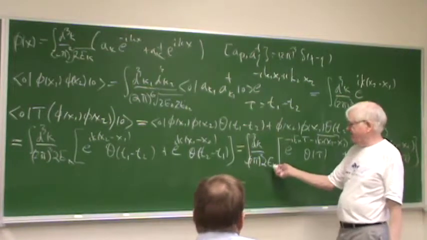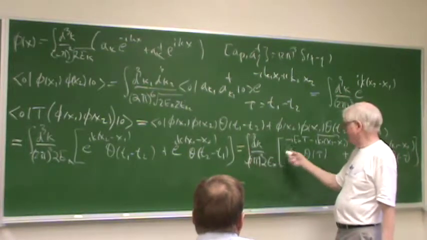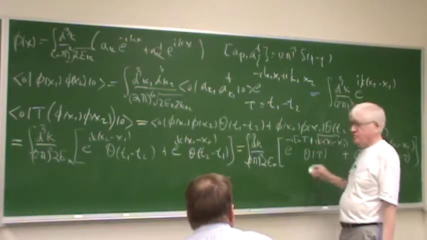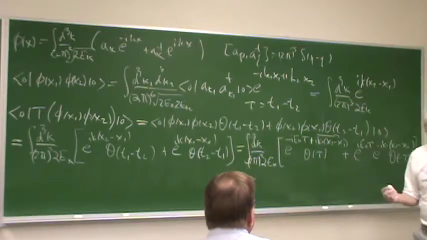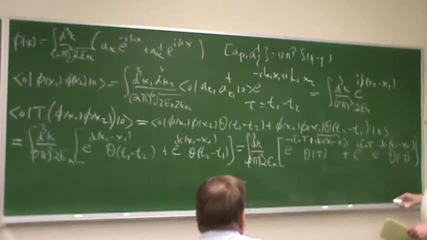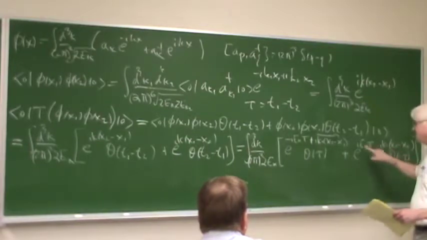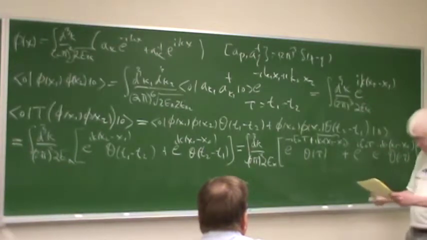Well, that doesn't care, that doesn't care, this doesn't care. So we can just do it. Now, these two guys are the same, and we just have the e's different.